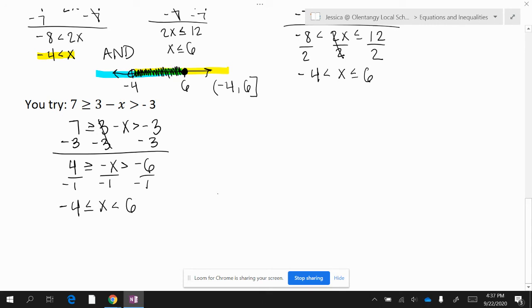And then if we put this on our number line, negative 4, 6, shade in, this would be an open circle at 6. Or if you split this up, it would have been negative 4 is less than or equal to x, and then x is less than 6.